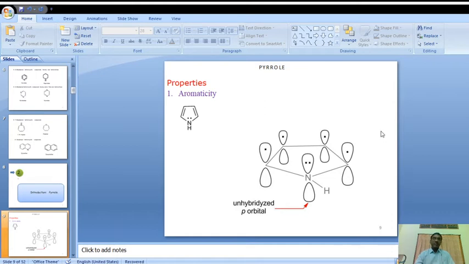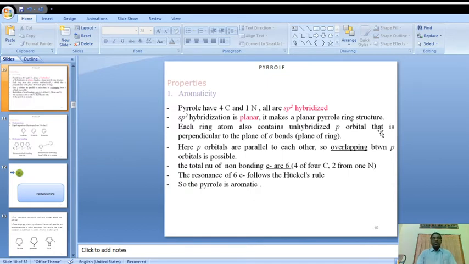Now we will go to clear information, that is the aromaticity of pyrrole. In the pyrrole structure, we observe 4 corners, 4 carbon atoms, attached with one heteroatom, that is nitrogen.